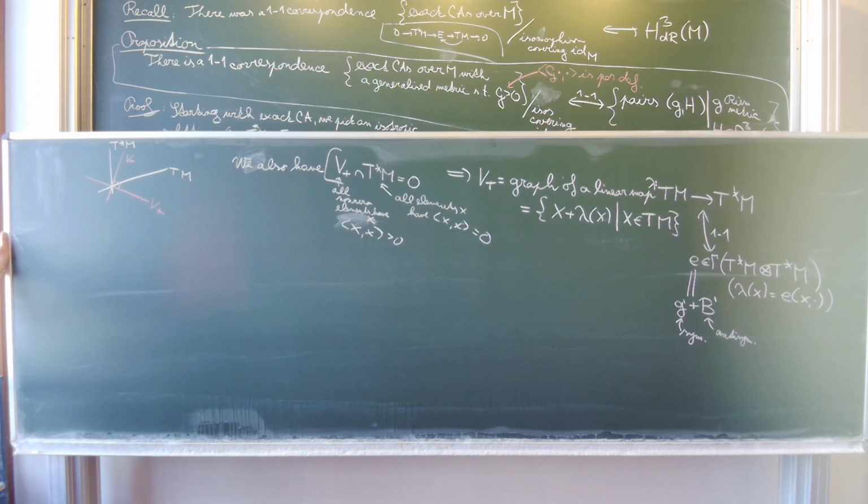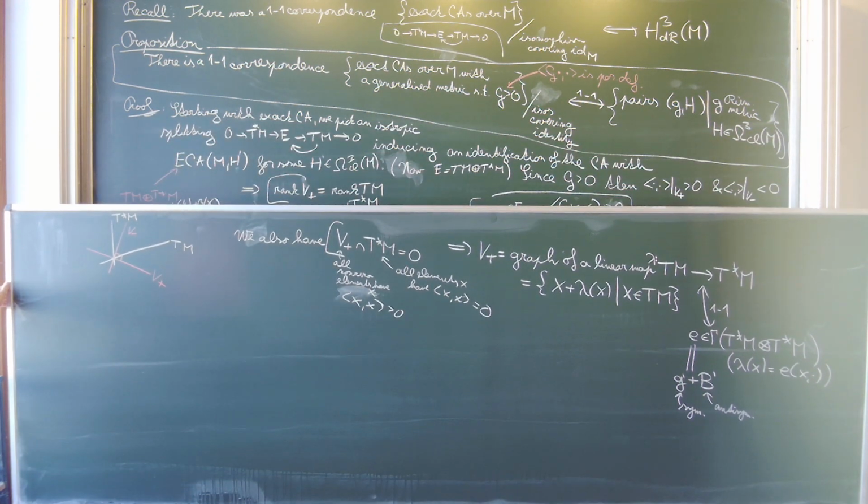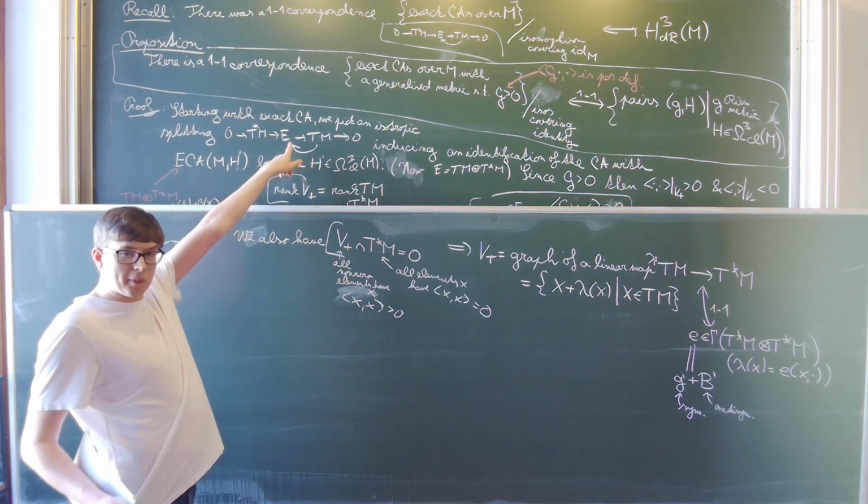Now, what is the result? We started with a generalized metric, and we made one choice, which was to choose an isotropic splitting.